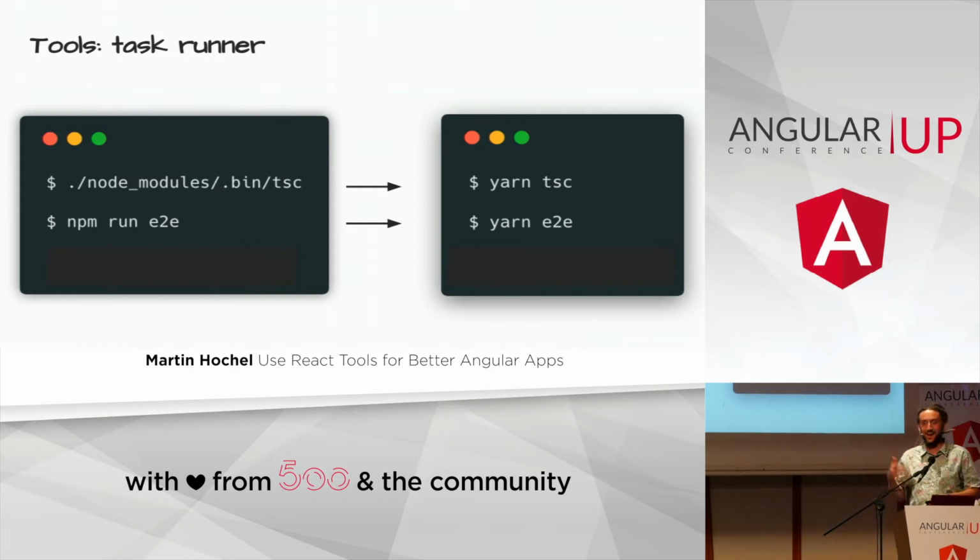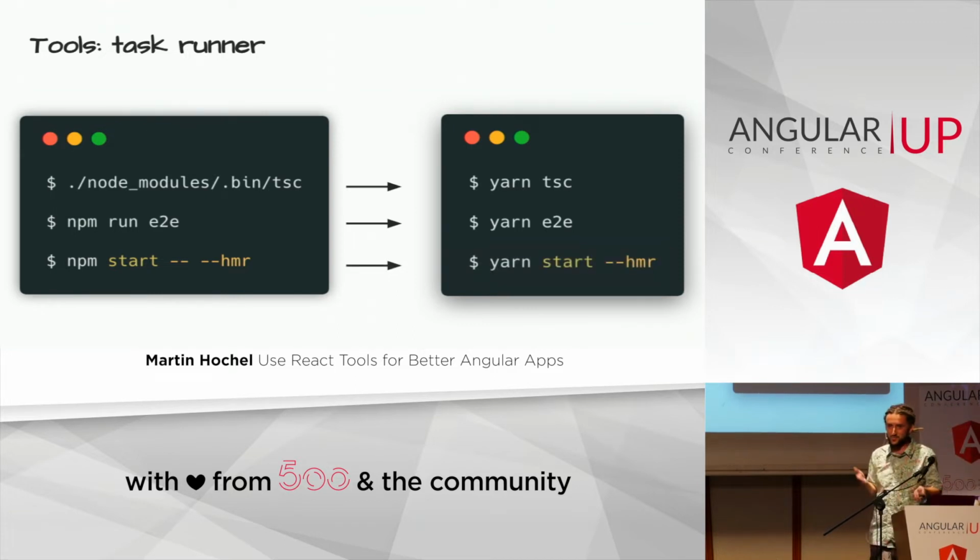Anyways, how would you pass some custom arguments to a custom npm script? You need to use a double dash to terminate the statement and then provide those arguments. Nah. With Yarn, it works how it should work, right? You just pass the arguments and it works. That's great. Also, how do you upgrade your packages?